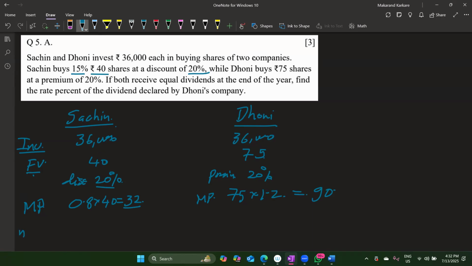So can we find number of shares? Number of shares is investment divided by market price. So 36,000 divided by 32, which is 1125.